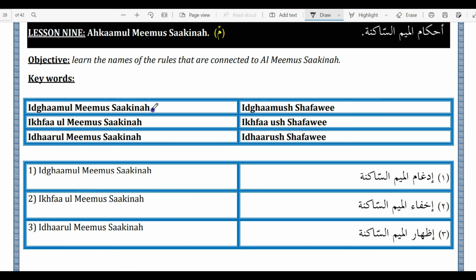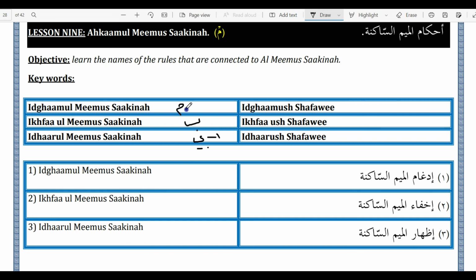Idghamul Meemus Saakinah, the letter for that is just meem. Ikhfa'ul Meemus Saakinah, the letter for that is just ba. And then the rest of the letters, alif to ya, except for meem and ba, they are from Izharul Meemus Saakinah.